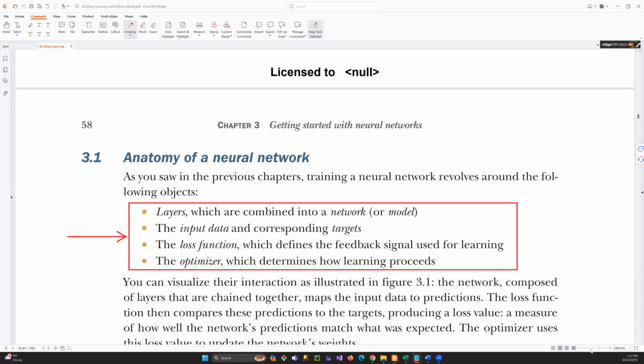So the loss function is there to show how far from perfection we are, and that defines the feedback signal that is going to be fed to the optimizer. The optimizer is responsible for tweaking or changing biases and weights, in other words, the network parameters, right?